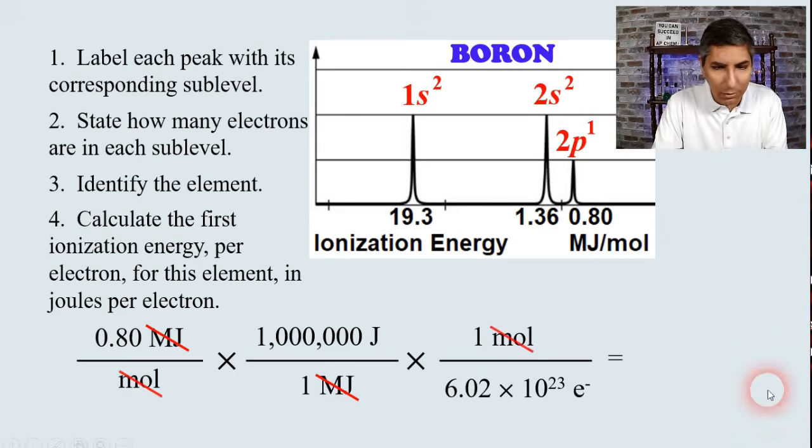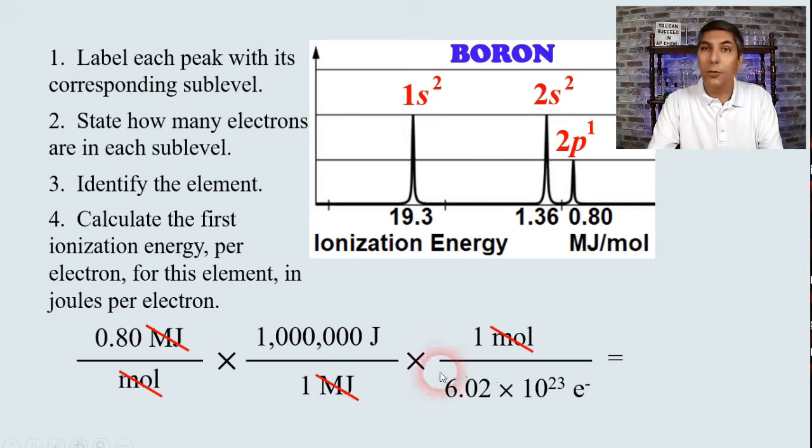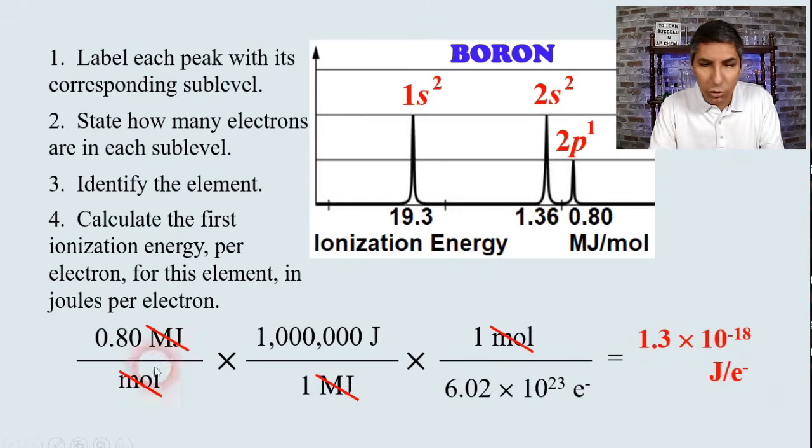So I can cancel moles top and bottom, and all I have to do is take my calculator and key in 0.80 times a million divided by Avogadro's number, and I find that the value is about 1.3 times 10 to the negative 18th joules per electron. So that's how we can convert from megajoules per mole to joules per electron, as we see here in our problem. Let's try another one.